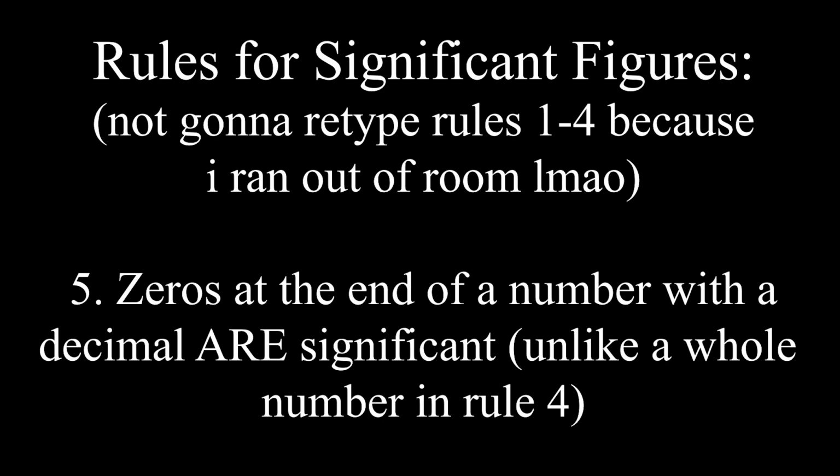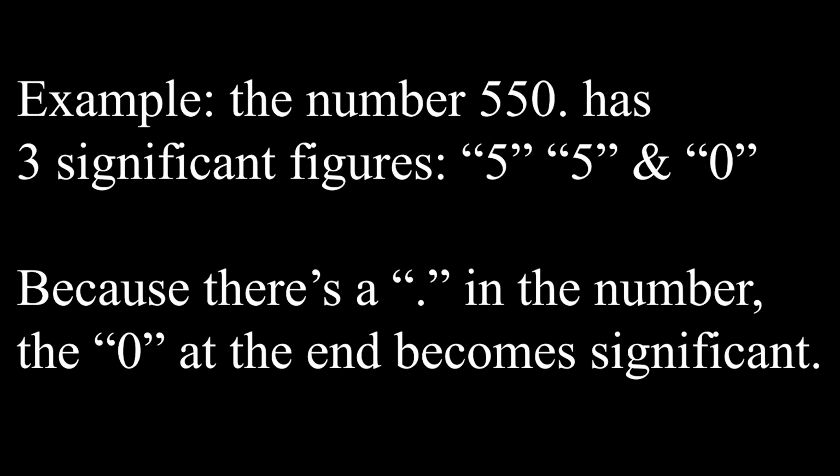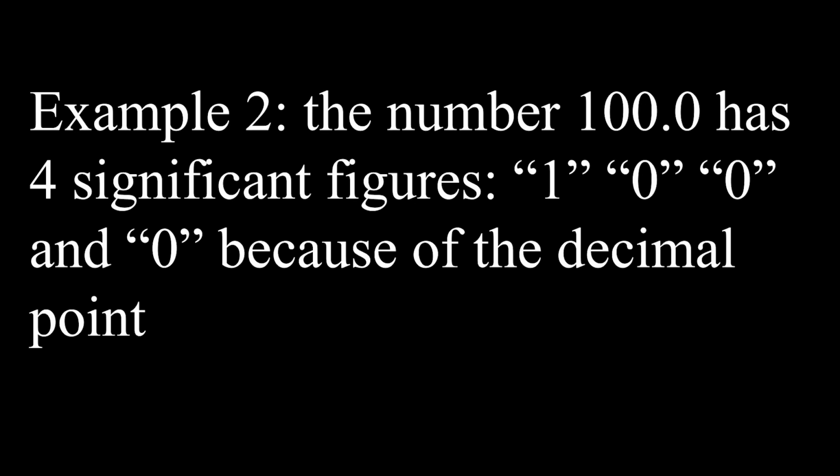However, zeros at the end of a number that has a decimal point are significant. For the number 550 with the decimal point, there are 3 significant figures because we have a decimal point. The 0 counts. If we have a number like 100.0, we have 4 significant figures because of the decimal point. The last 3 zeros count.